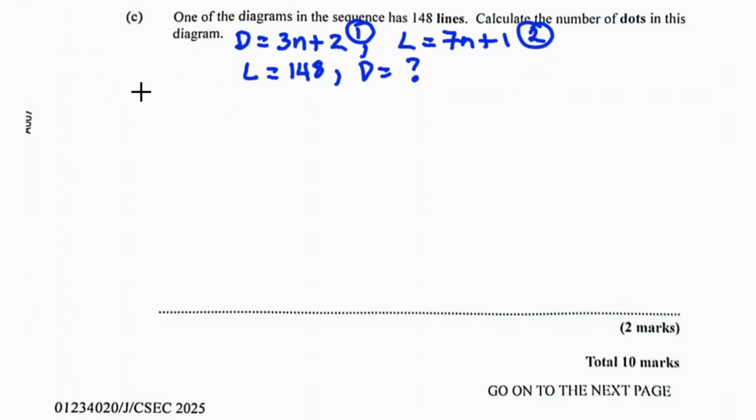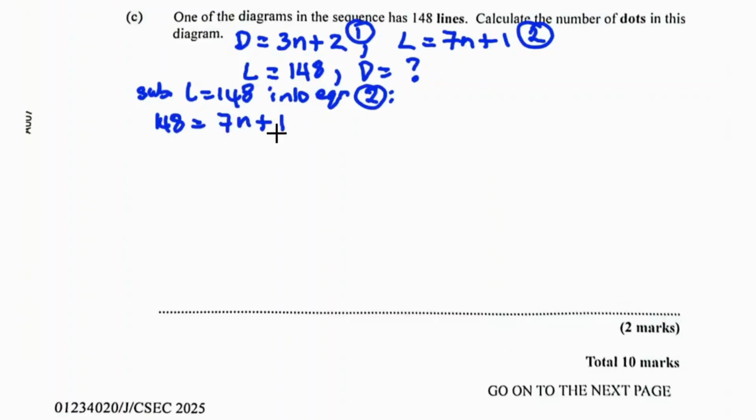So the first thing we are going to do is substitute L equals 148 into equation 2. So let's do that. So we have 148 is equal to 7n plus 1. So again, we just need to make n the subject of the formula because this is the one unknown.